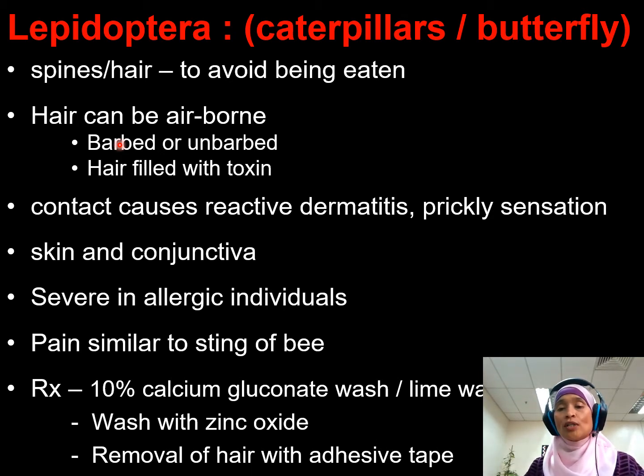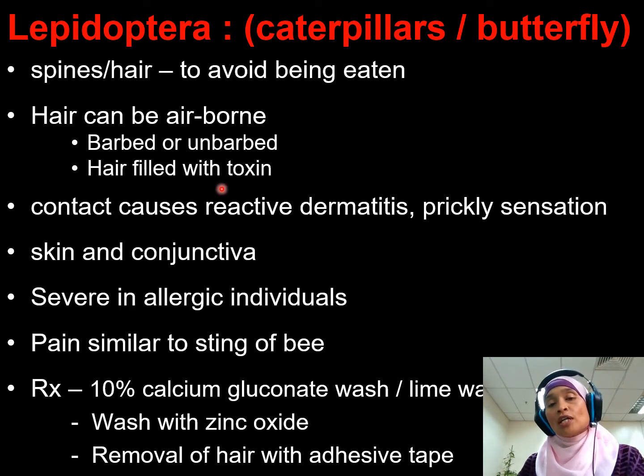This is to ensure that the hair of the caterpillar sticks onto the skin surface or the hair or fur surface of the predator. What is interesting is that at the end of the hairs of the caterpillar, there are toxins present in order to irritate and to frighten the predators away.